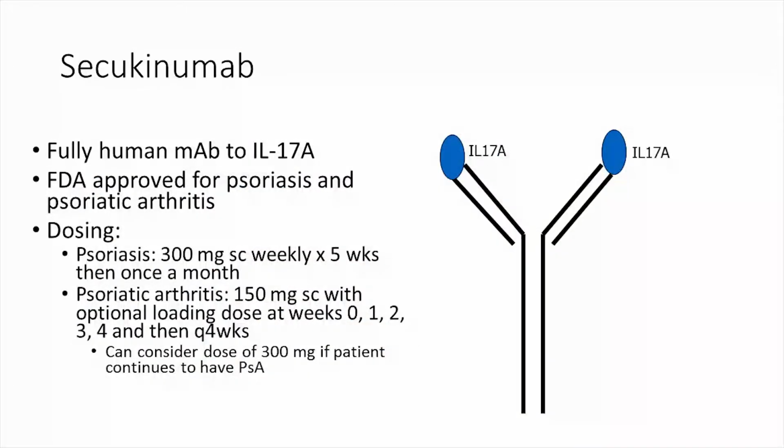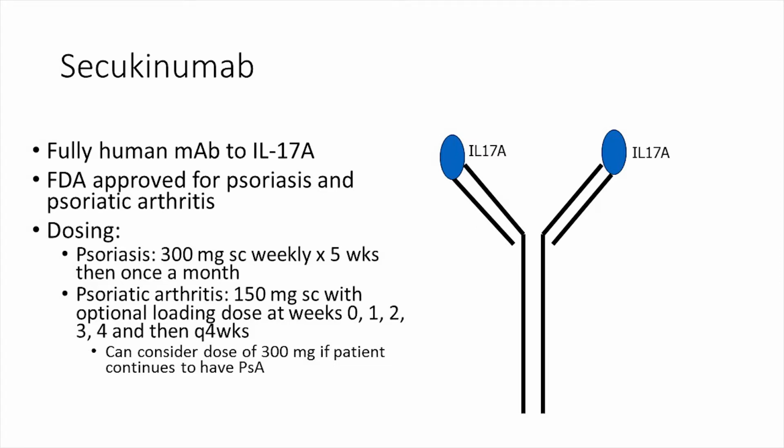So I'm going to talk a little bit about the different drugs that we have. So we have 3 different drugs. I'm going to go over what they are, how they work, and a little bit at the end about some of the special issues related to these drugs. So the first one is Secukinumab. So this is a fully human monoclonal antibody, and this is to the IL-17A subunit.